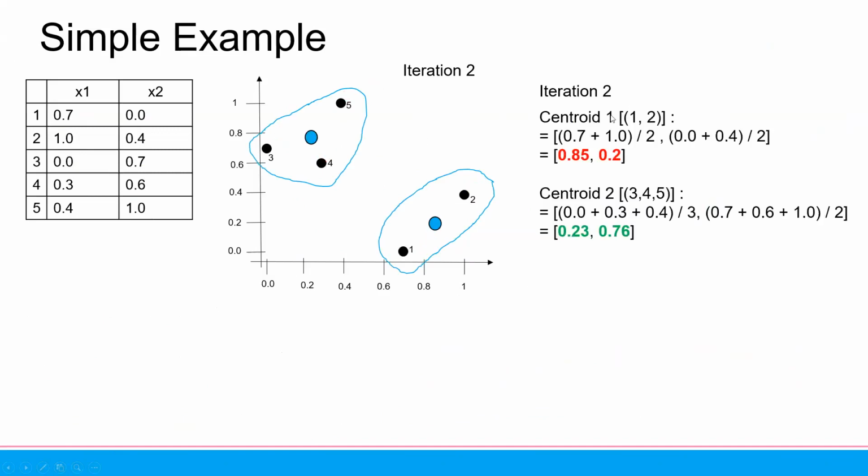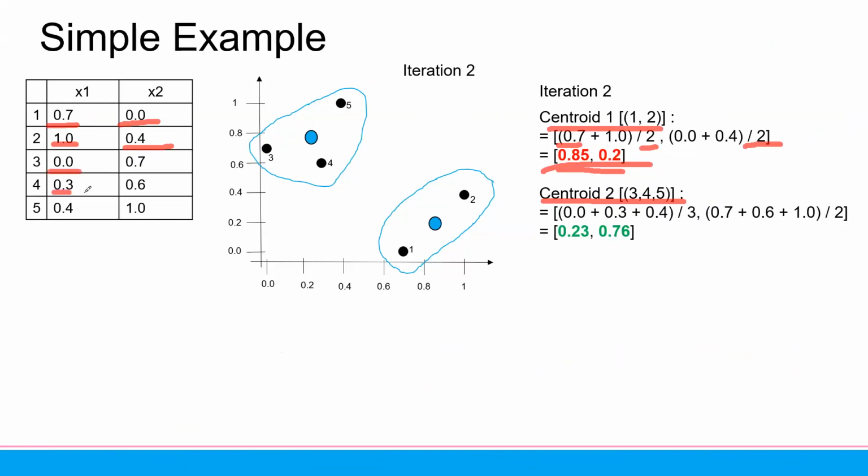We need to check the centroid of the first group and the centroid of the second one. And we compute the centroid, which is 0.7 from 1 plus 1 divided by 2. And then the second is 0 plus 0.4 divided by 2. Then we will get this value. And also centroid 2, we have objects 3, 4, 5.